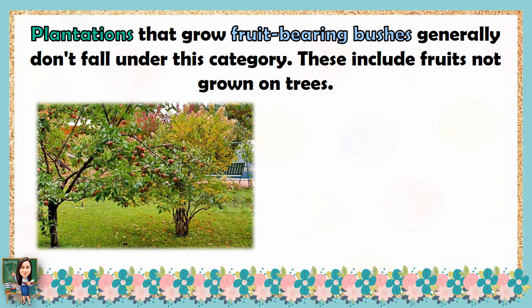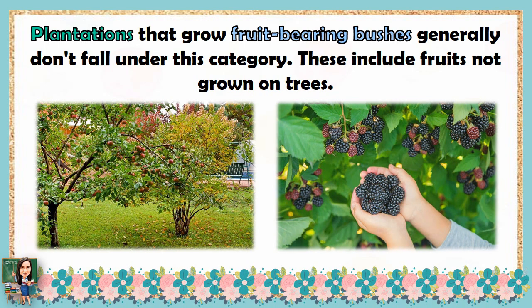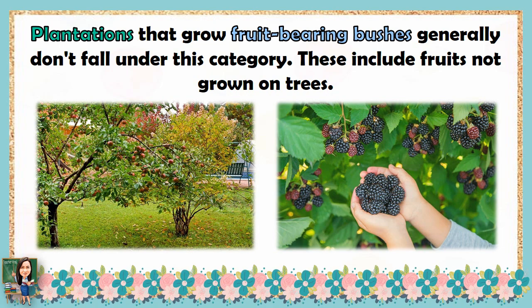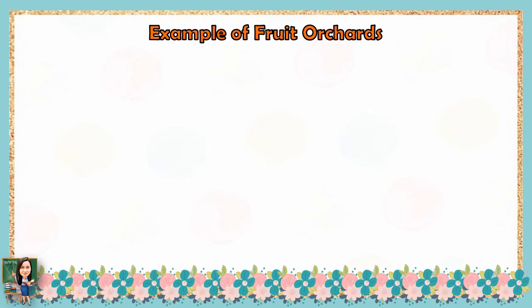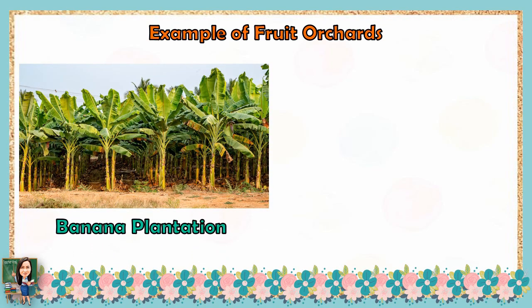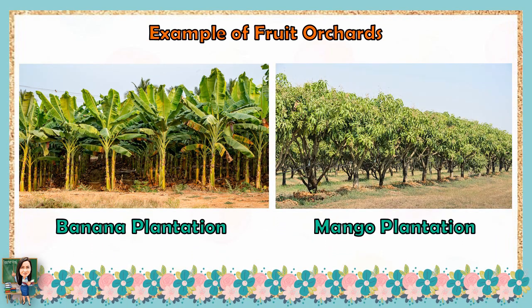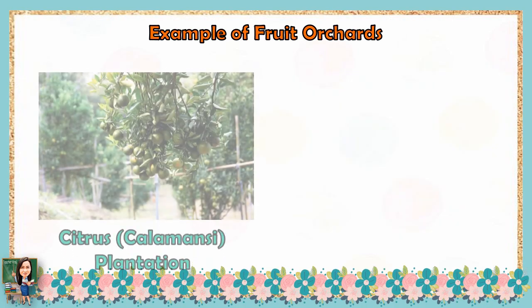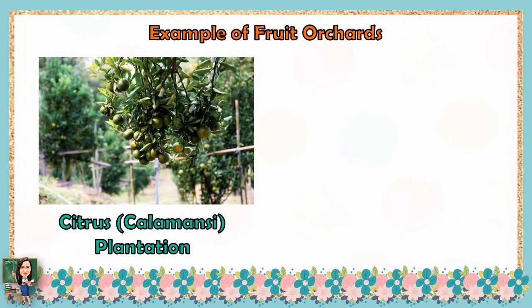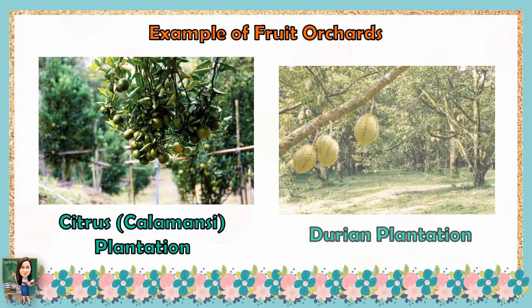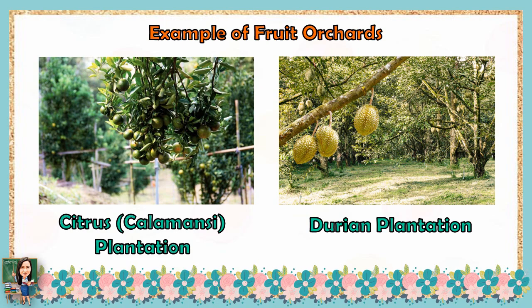Plantations that grow fruit-bearing bushes generally don't fall under this category. These include fruits not grown on trees. Examples of fruit orchards are banana plantation, mango plantation, citrus or calamansi plantation, and durian plantation.